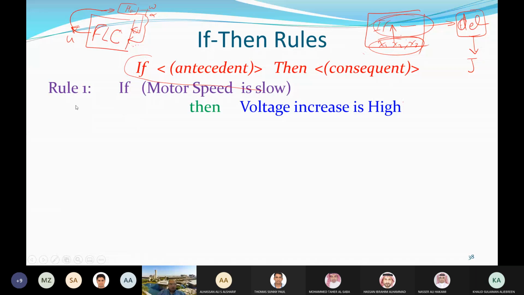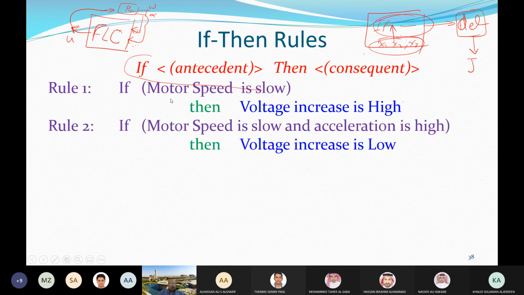For example, one rule: if motor speed is slow, then voltage increase is high. Speed is the linguistic variable and its value is slow, and the consequent part, voltage increase is high, is the action part.